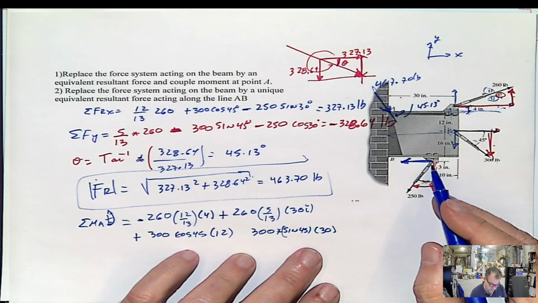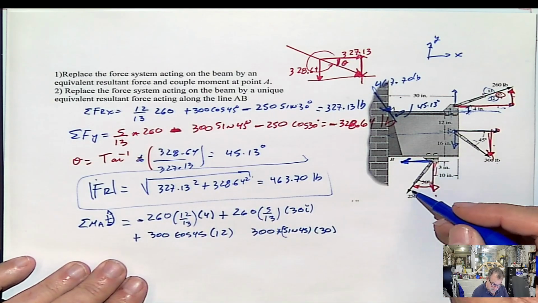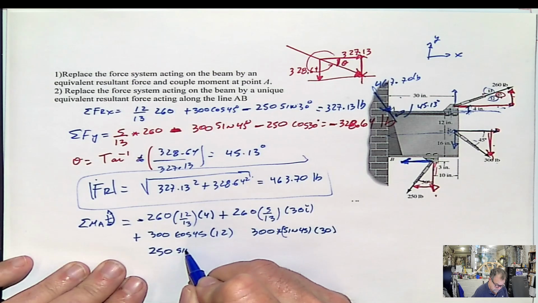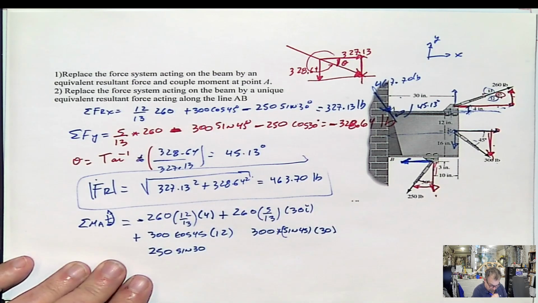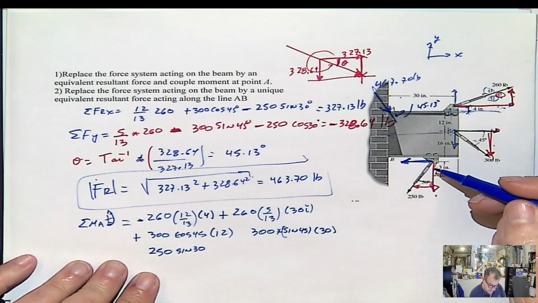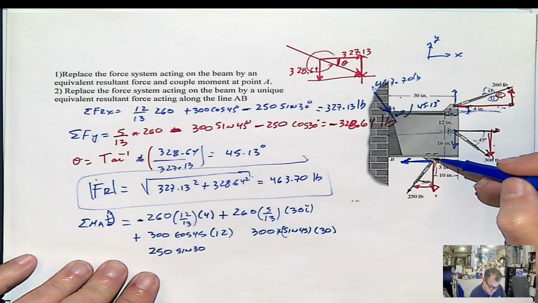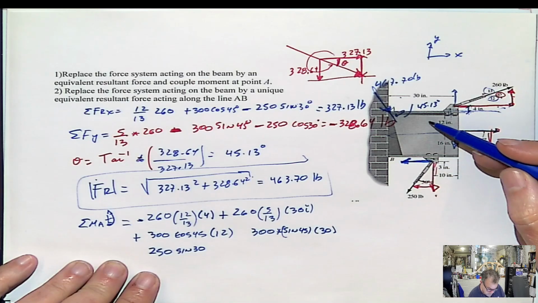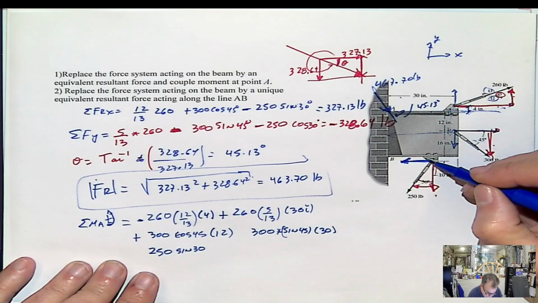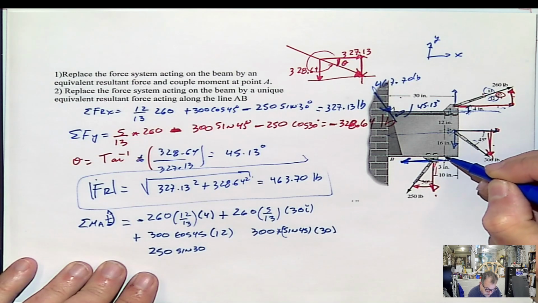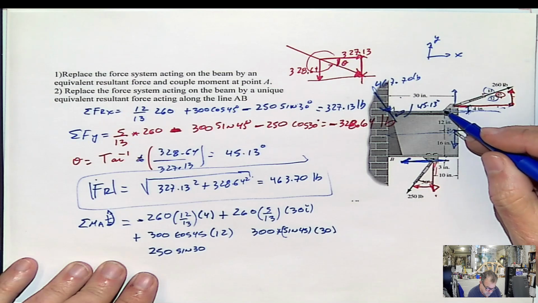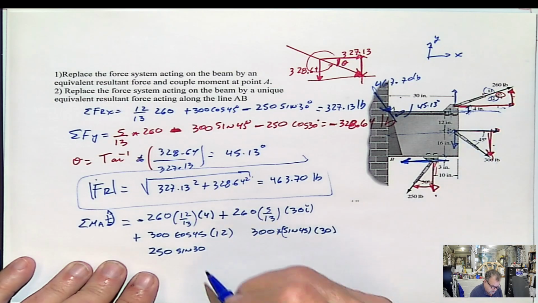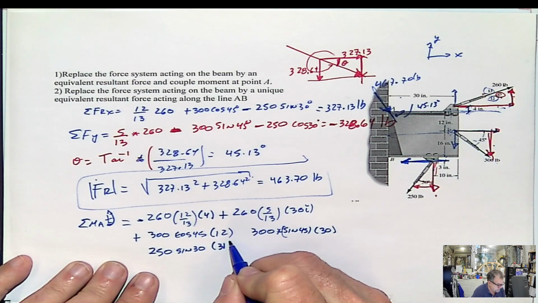The horizontal component force will be 250 times sine of 30, and the distance has to be vertical between that point and the point A. Now that distance will be, look, the force is applied here, so that will be 3 plus 16 plus 12. That means 12 plus 16, 28 plus 3, 31.